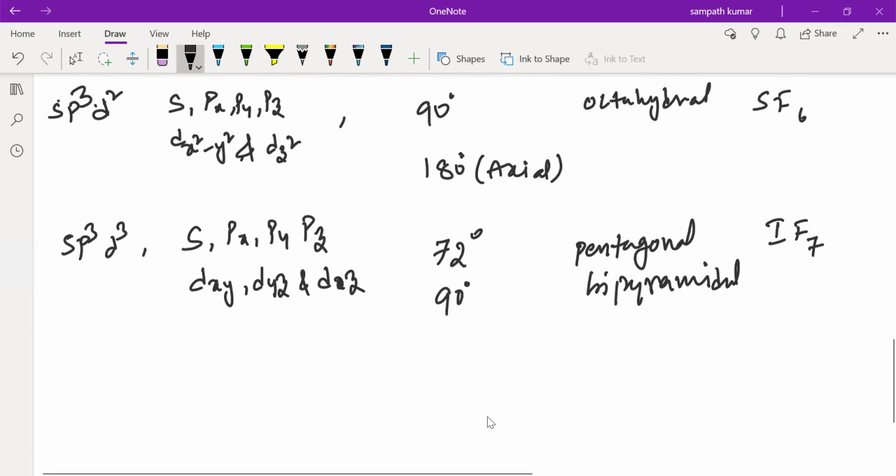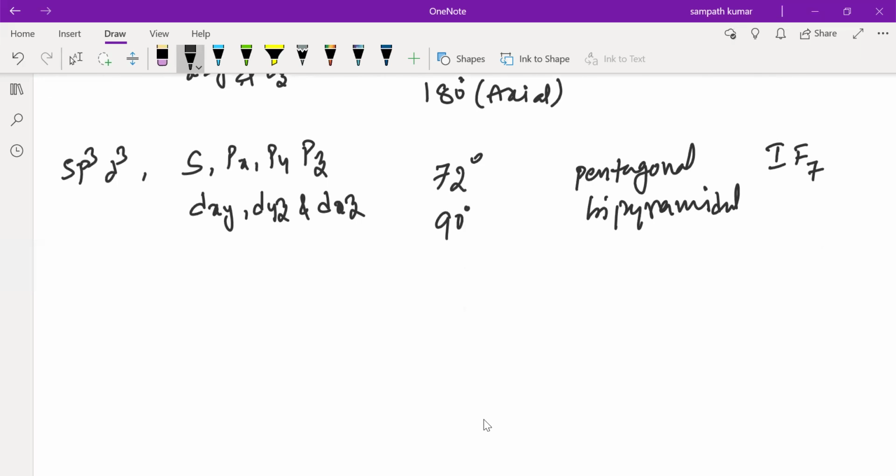Here we have I, and the five fluorines in the plane: F, F, F, F, F. In between any two of these, the angle is 72 degrees.